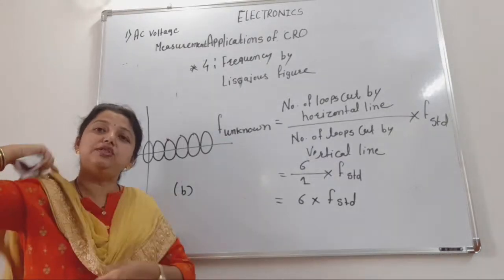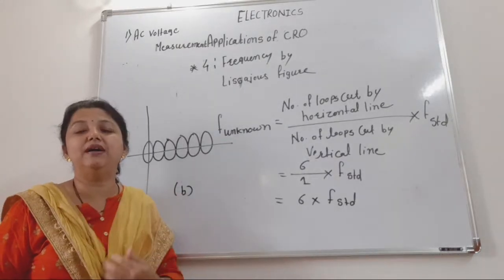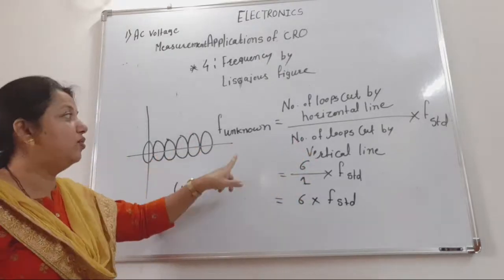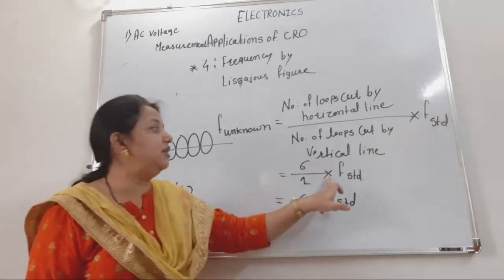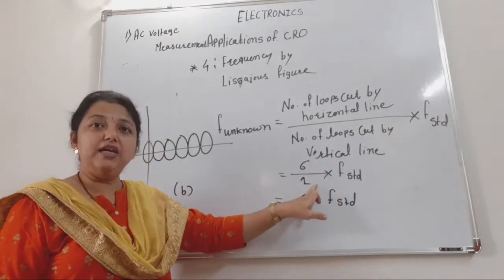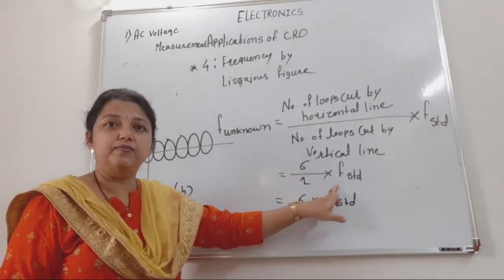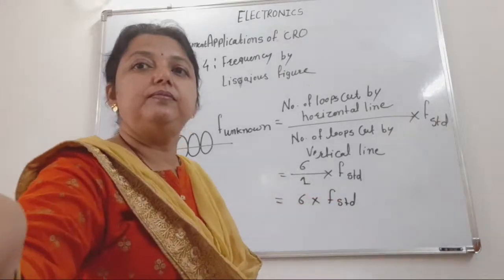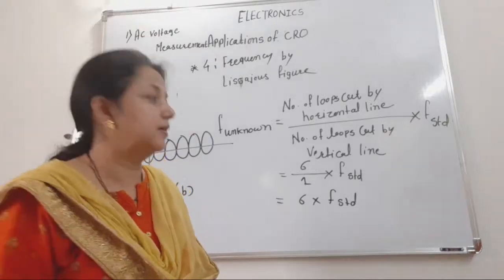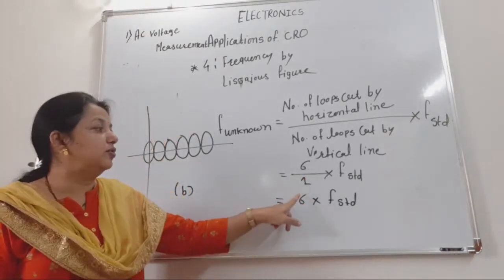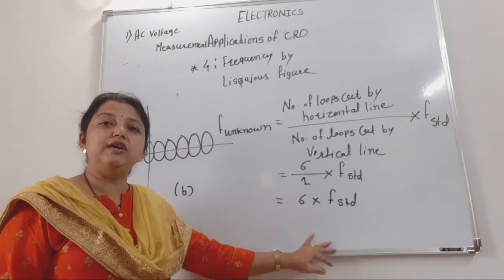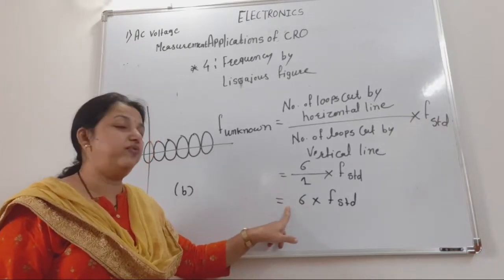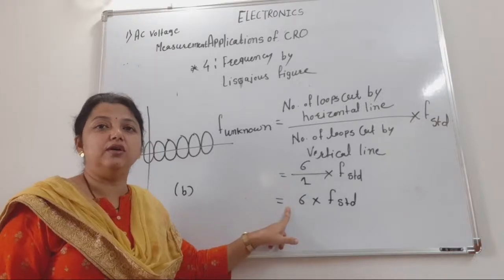It is the second input signal we provided to the horizontal amplifier, known as f known also, and we multiply this ratio by it. So 6 multiplied by f standard. Suppose f standard is 1 kilohertz. At that time, the unknown frequency is 6 kilohertz.